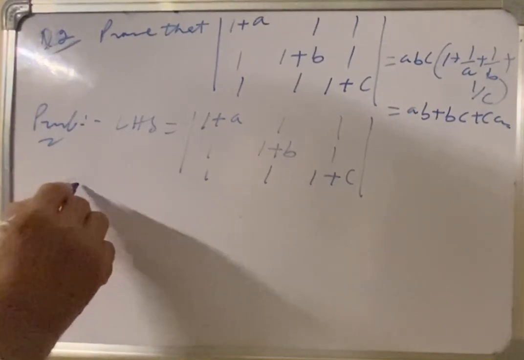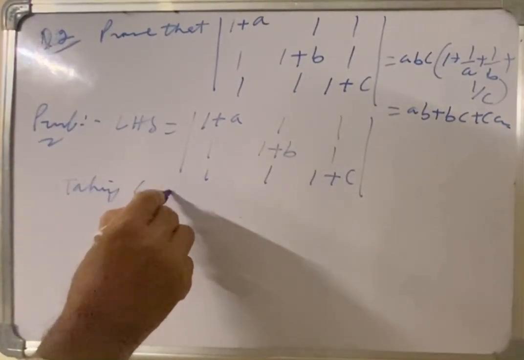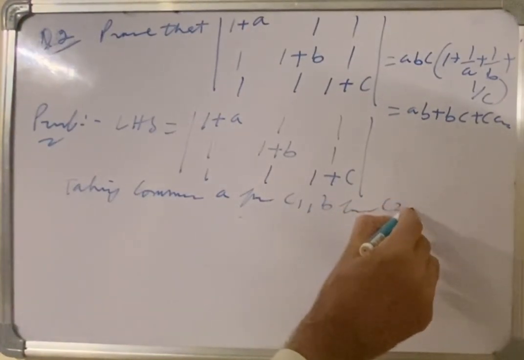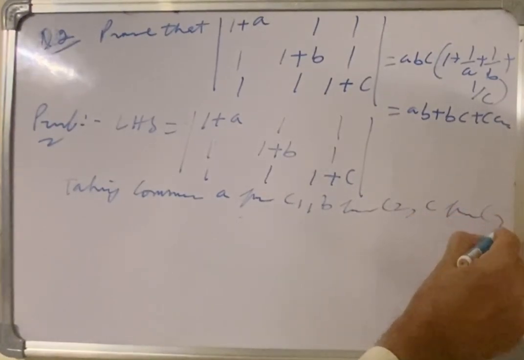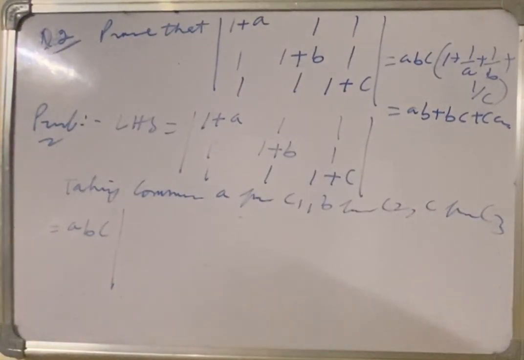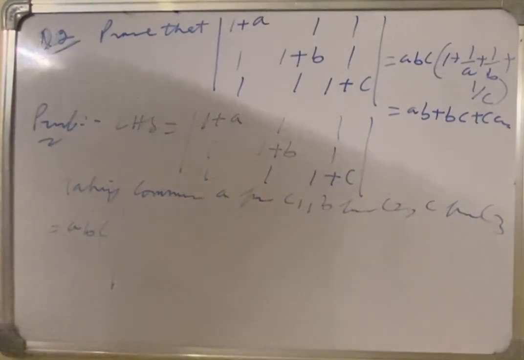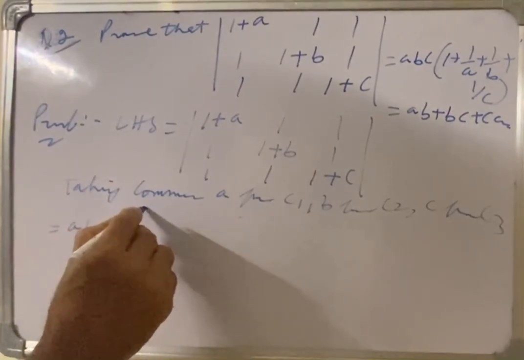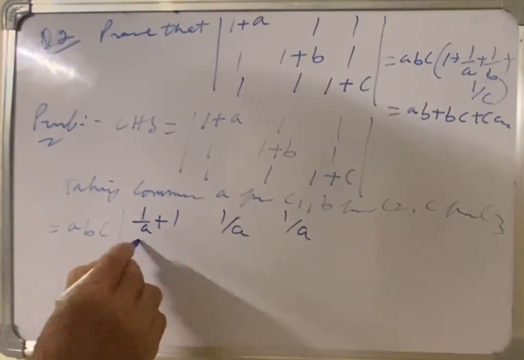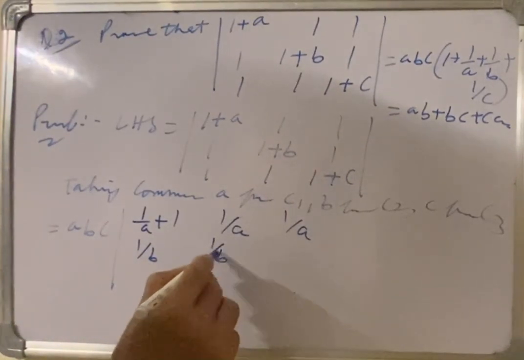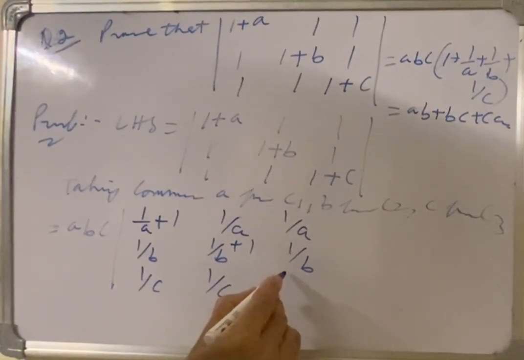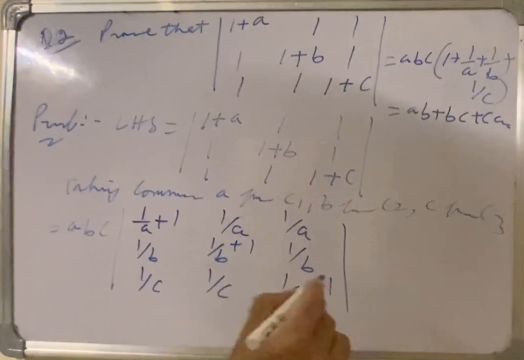Then taking common a from the first column C1, b from C2 and c from C3, we get abc into: 1 over a plus 1, 1 over a, 1 over a; 1 over b, 1 over b plus 1, 1 over b; then 1 over c, 1 over c, 1 over c plus 1.